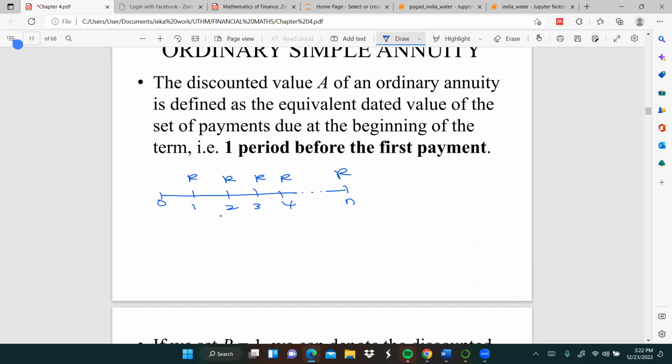Okay, and then kat time 0 ni lah kita boleh cari sebenarnya ordinary annuity punya discounted value. So kat sini A, kalau akhir ni dia adalah accumulated value.